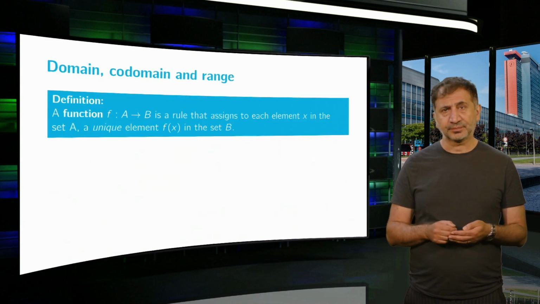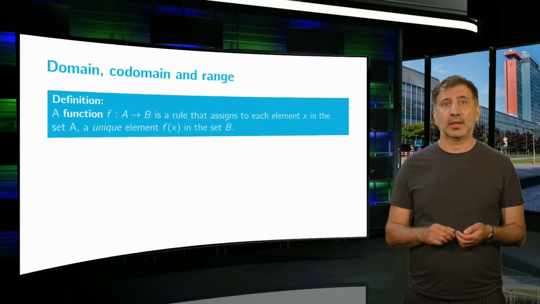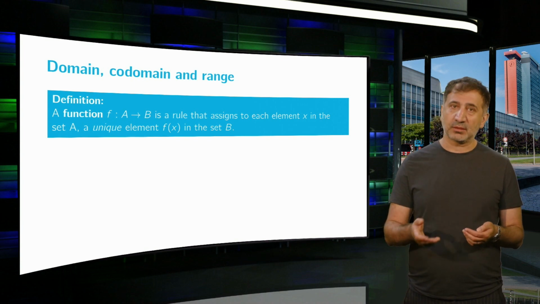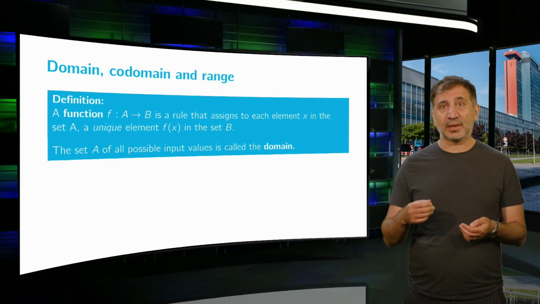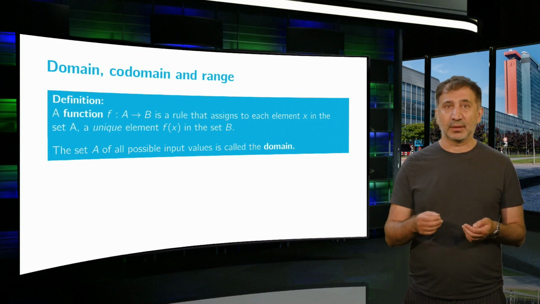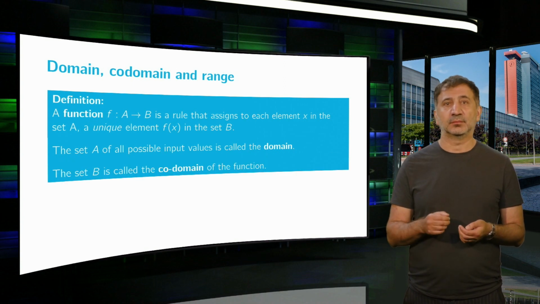More formally, a function f from A to B is a rule that assigns to each element x in the set A a unique element f of x in the set B. The set of all possible input values is called the domain. The set B is called the codomain.